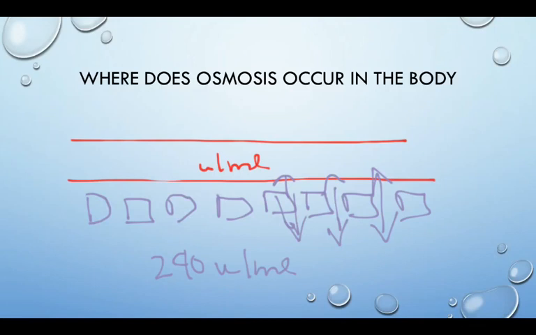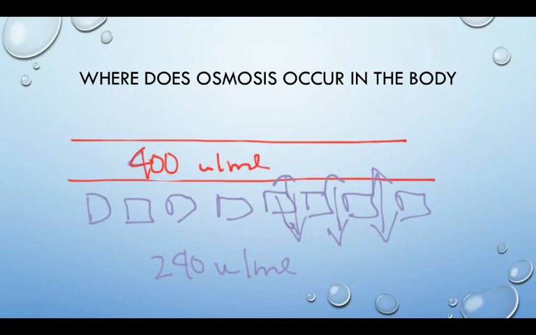What happens if you don't drink anything for a while and the concentration in your bloodstream goes up? It gets more concentrated to where it's 400 units per milliliter, and you're not drinking any water or anything. What is going to happen here?